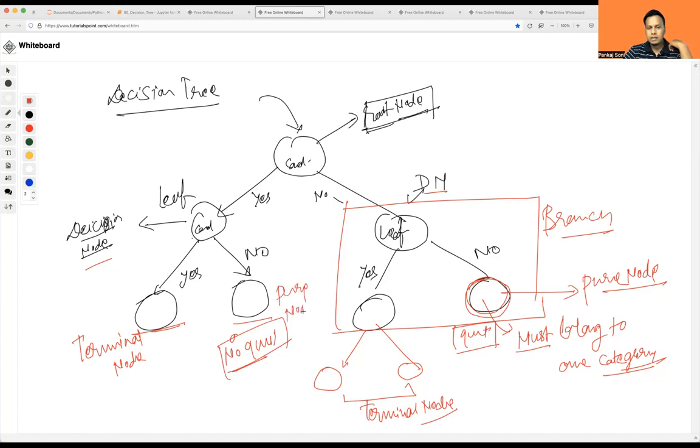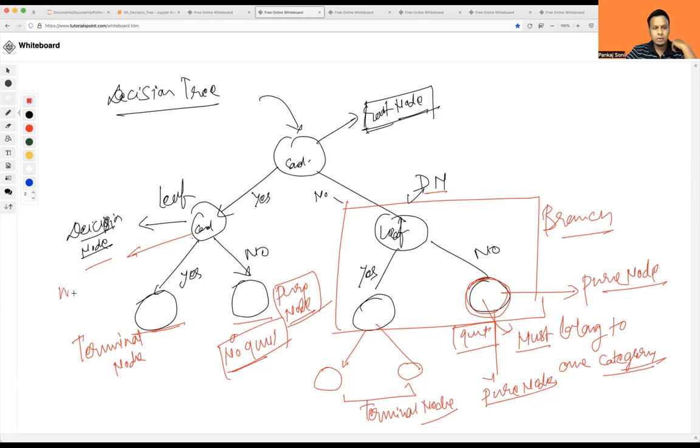This might be asked in the interview also. What do you understand by pure node and impure node? This is also a pure node, because it has only one category. There's no impurity. Basically, if you have two or multiple categories in one node, or multiple data which belong to different categories, that is called impure node. Impure nodes can be taken in the form of whatever decision nodes are there.